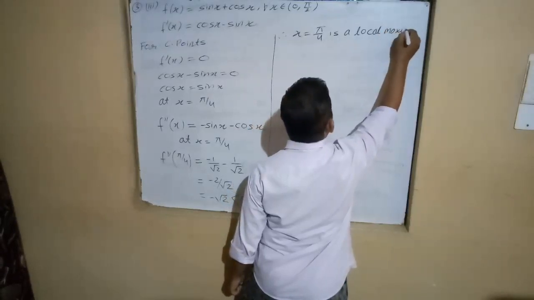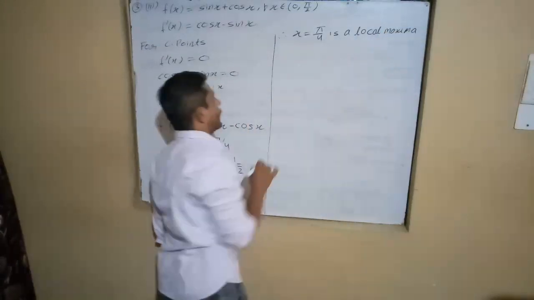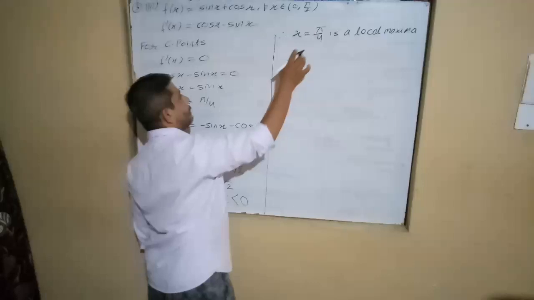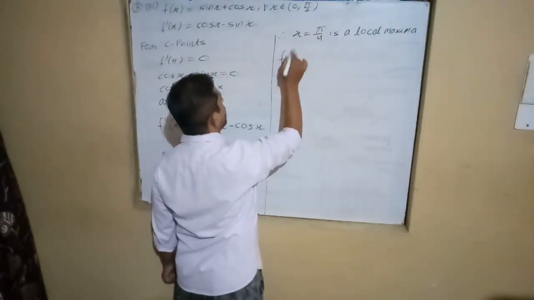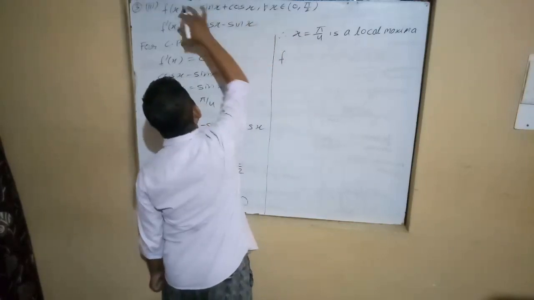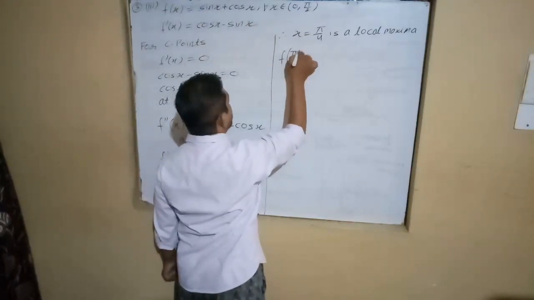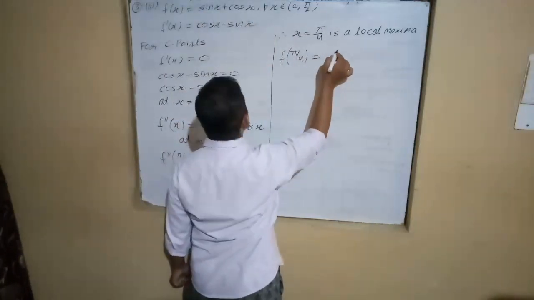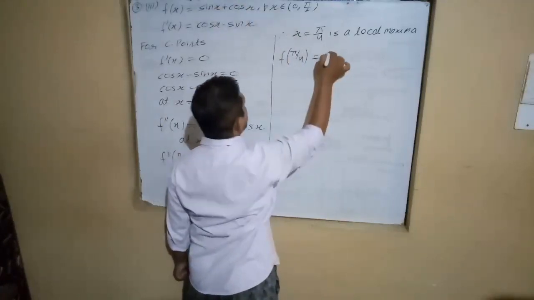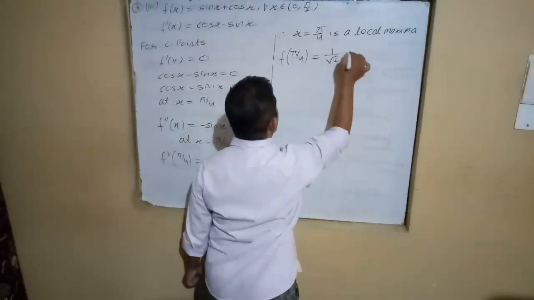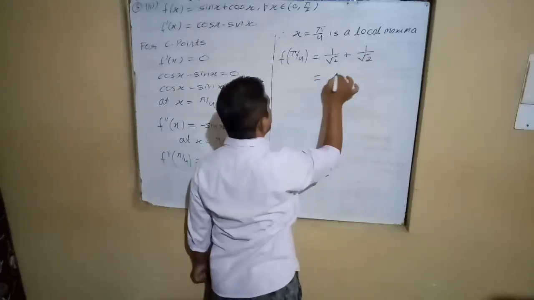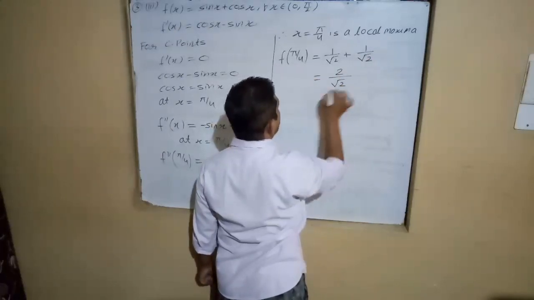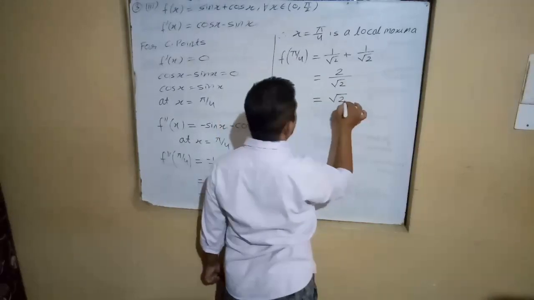local maxima. Okay, and now for the maximum value, we will put the value of x is equal to pi by 4 in the function directly. So what will come? f pi by 4 is equal to sin pi by 4 means 1 by root 2 plus cos pi by 4 means again 1 by root 2, is equal to 2 by root 2, is equal to root 2.